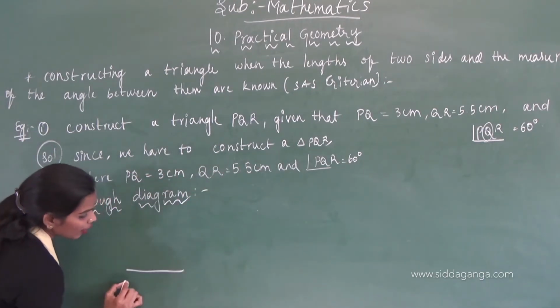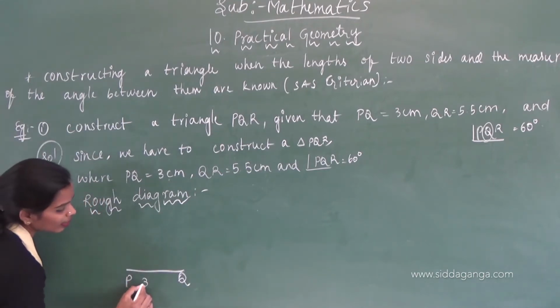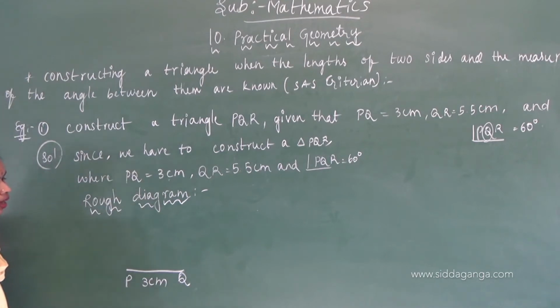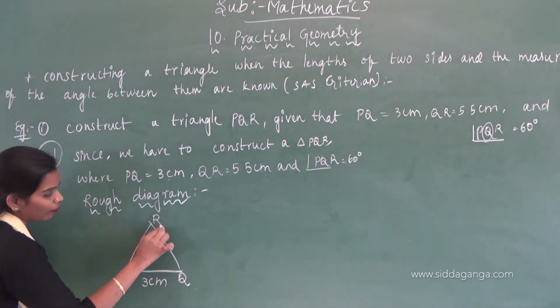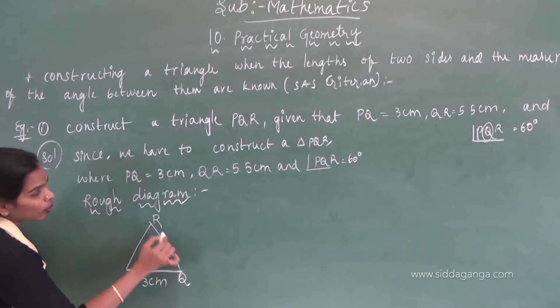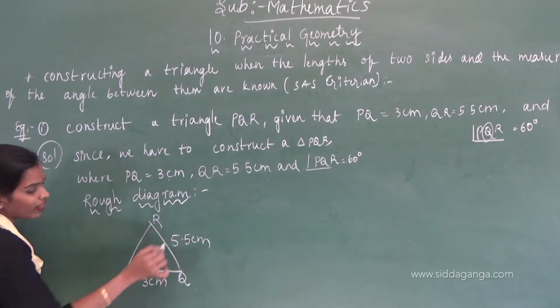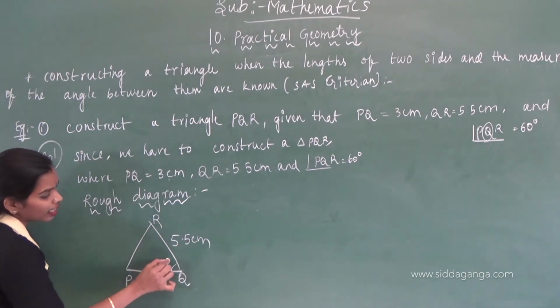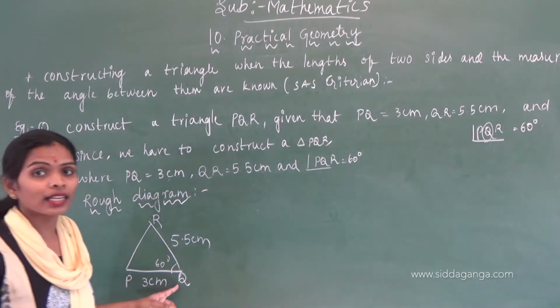I am taking PQ as the base, which is 3 centimeters, and we construct triangle PQR. This is 3 centimeters, QR is 5.5 centimeters, and the angle between these two is 60 degrees.